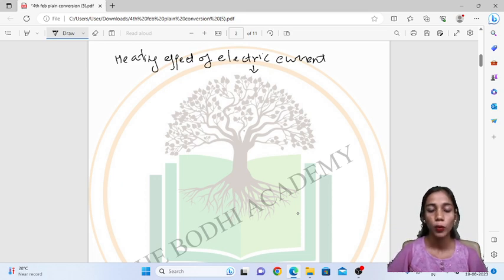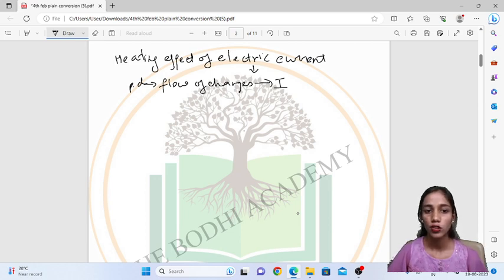The flow of charges is due to the potential difference which pushes them, and then we get the electric current. Okay, this was the flow of the concept.